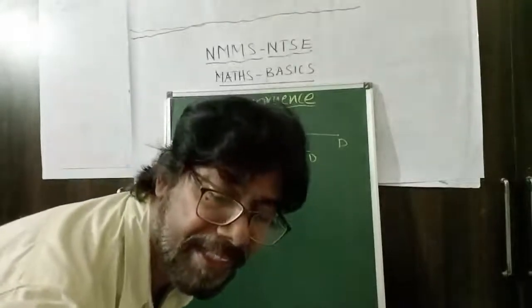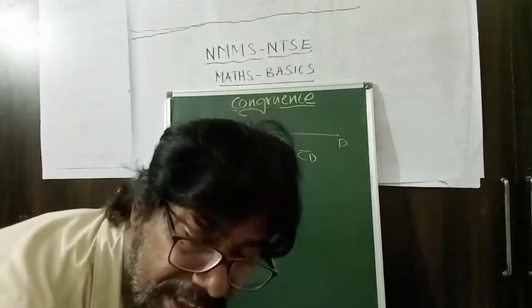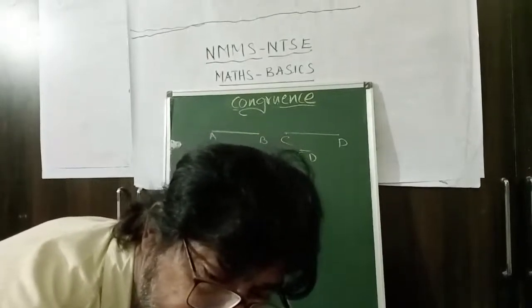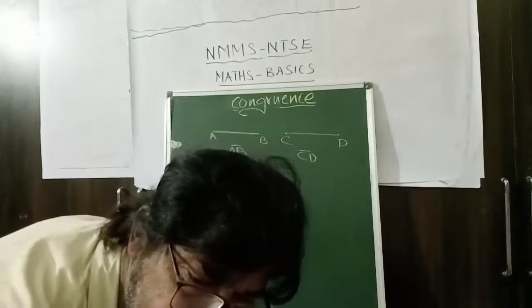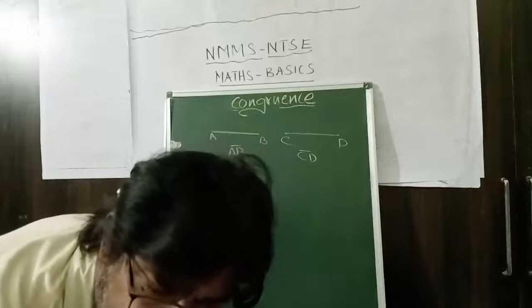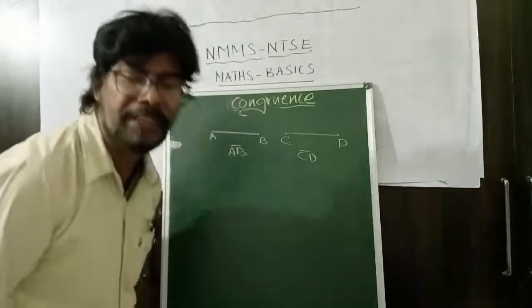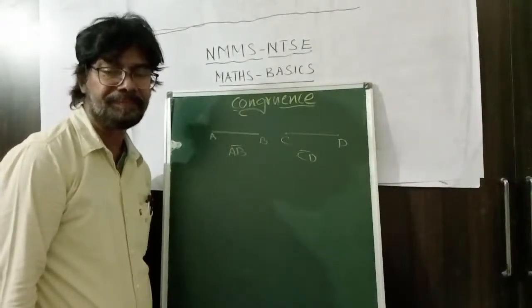When we say AB is congruent to CD, both the lines have the same length. Suppose if you consider the thickness, they also have the same thickness, then we say both are congruent to each other.